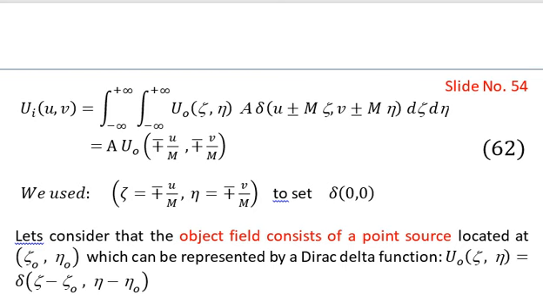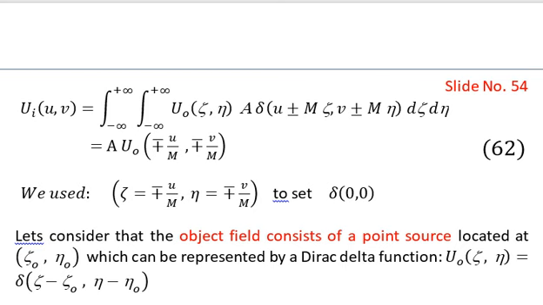Solving this integral, we will get a, the magnitude of the delta function, and then the integral will be solved as u naught of minus plus u over m comma minus plus v over m, where we have used zeta equal to minus plus u over m and eta equal to minus plus v over m to set the arguments of the delta functions equal to 0 and 0 in order to solve this integral.